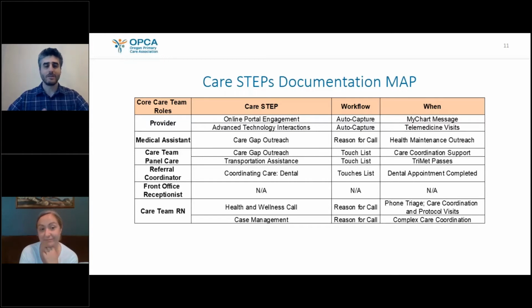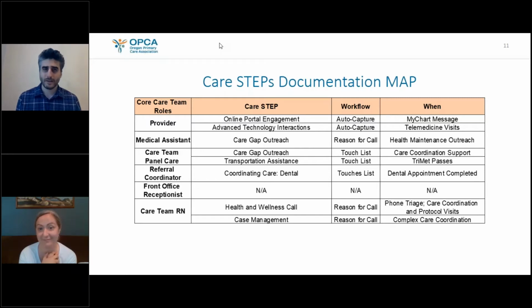Our care team RN is always on the phone for most part of the day, so they are actively engaged in health and wellness calls, whether it's a triage call, whether it's a broad care call that they want to have with the patient, or even if it's a prescription refill that a patient wants to have coordinated without needing to come in for a visit.